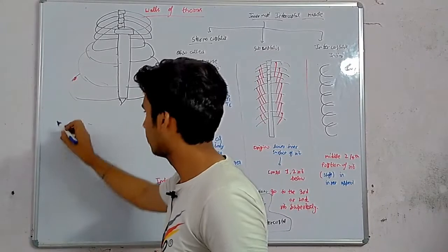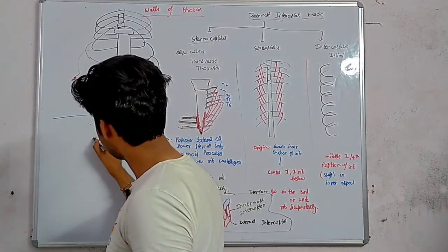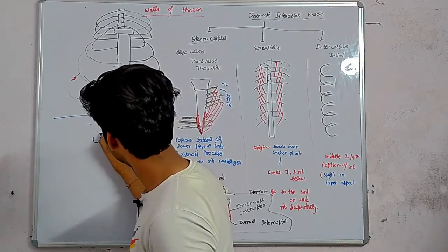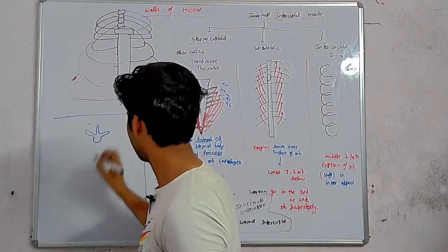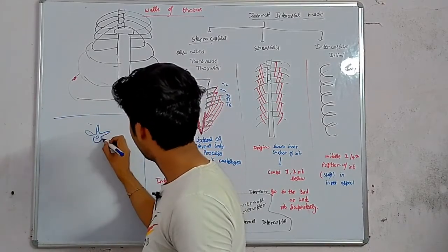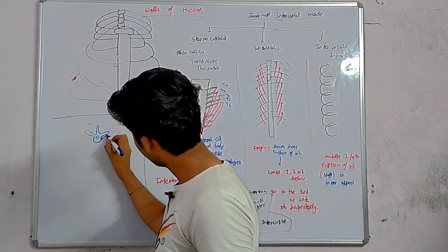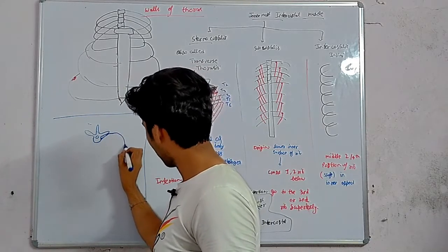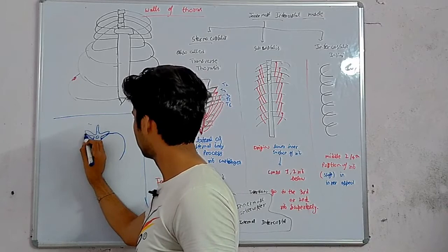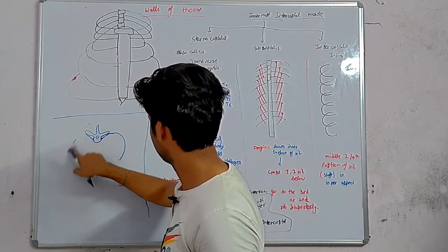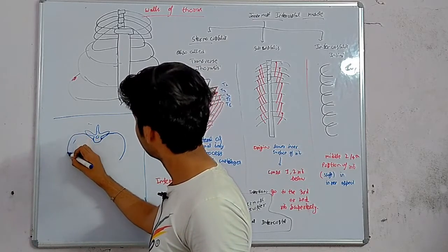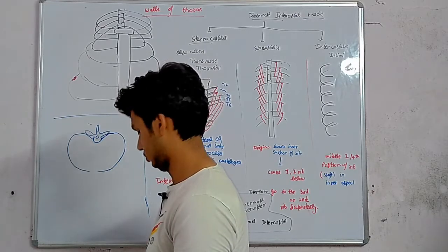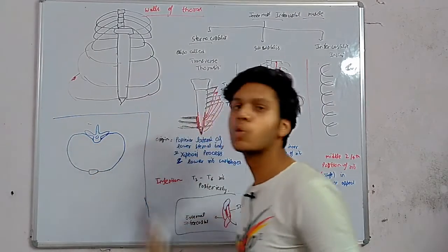Let's say this is the vertebra, the superior aspect of the thorax, with vertebra and canal. The rib arises and goes to the costal facet, attaches through the tubercle of the rib and goes forward, and attaches to the sternum. This is the sternum, let's say.